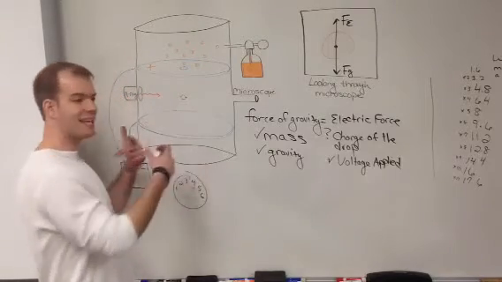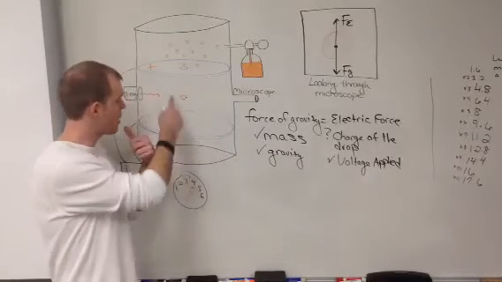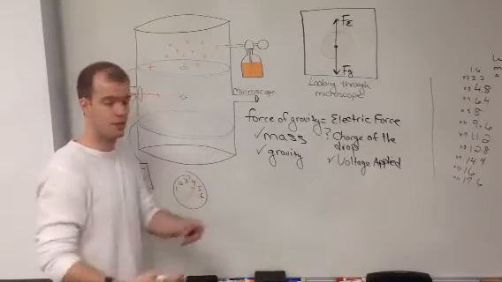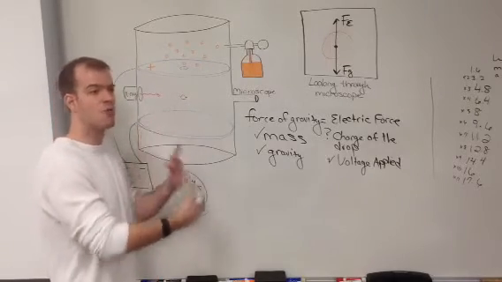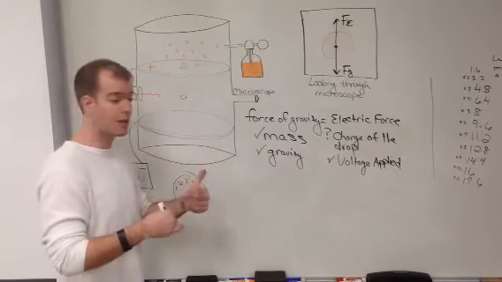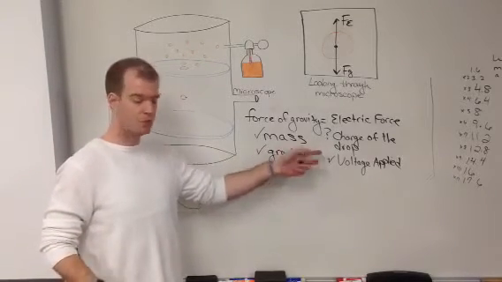Right? I literally can't see the electrons. I don't know if this drop has 3 electrons or 1,000 electrons or 5 electrons or what, but even if I could, I don't know the charge of an individual electron, and so therefore I can't determine the charge of a single drop. Okay?